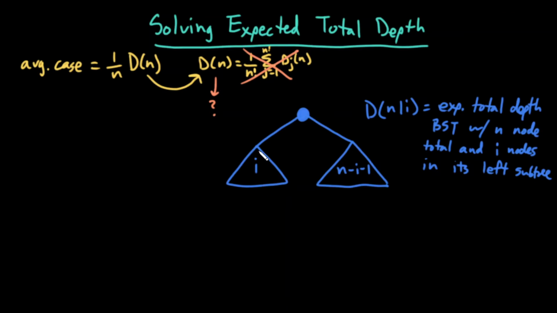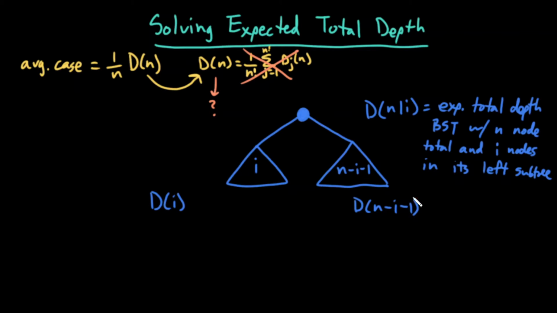So d of I is the expected total depth of a binary search tree with I total nodes, and this is the expected total depth of a binary search tree that has n minus I minus 1 nodes. These are just the definitions of what d of I and d of n minus I minus 1 would be.